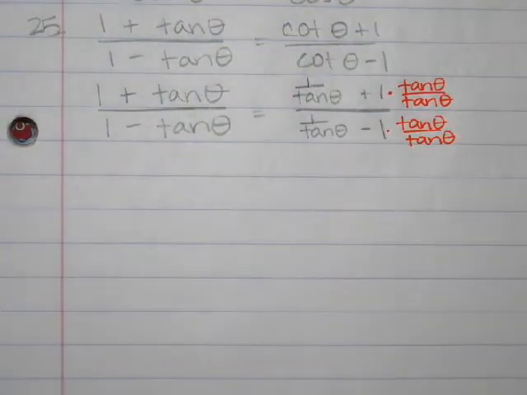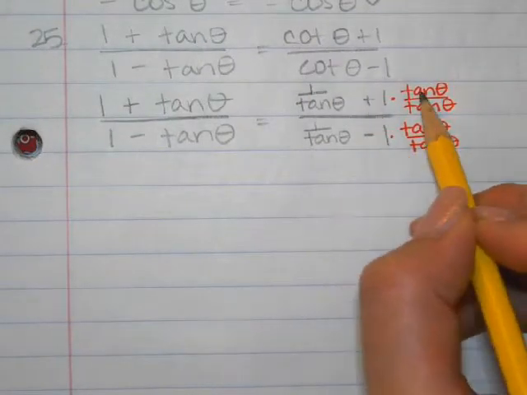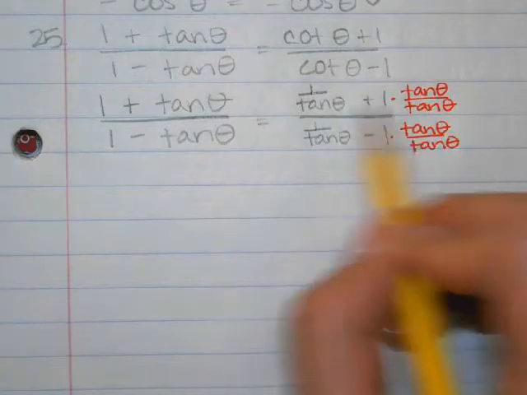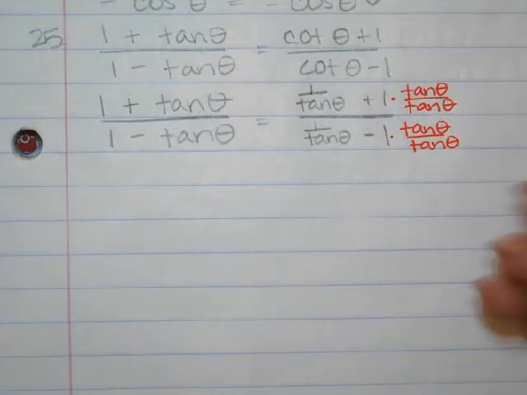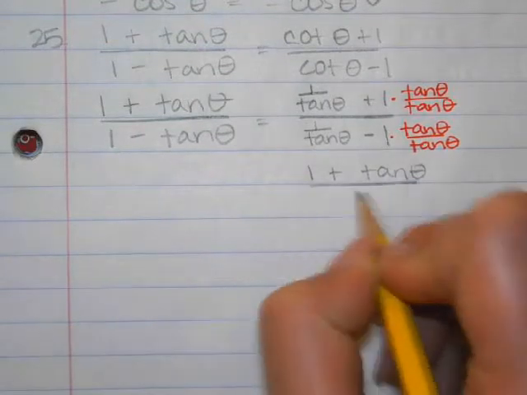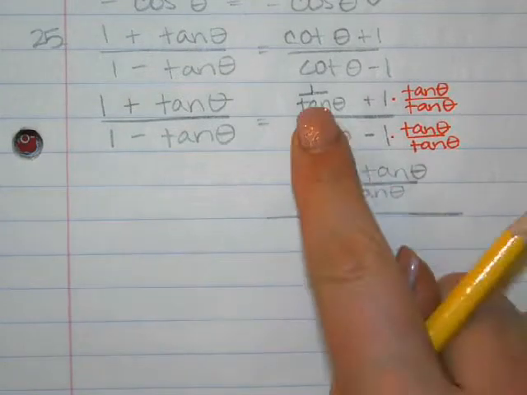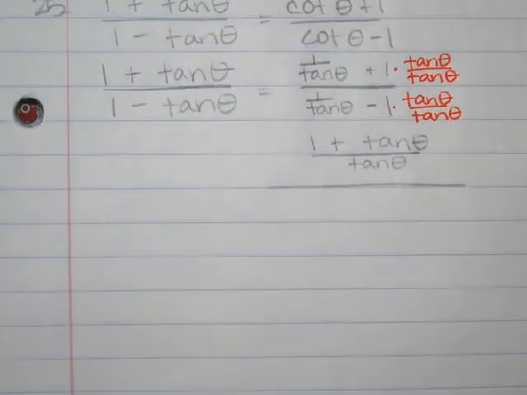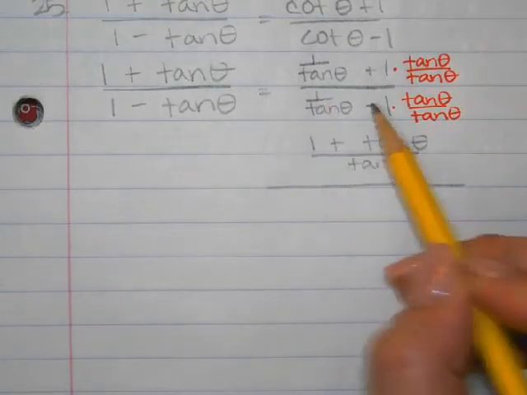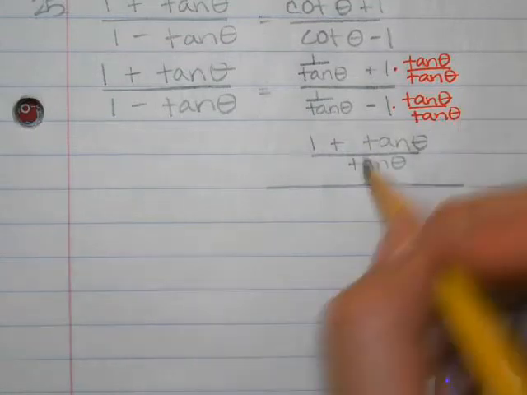For the top, I have 1 plus tan over that common denominator of tan, and that represents the top of the fraction. On the bottom of the fraction, I have 1 minus tan over a common denominator of tan.